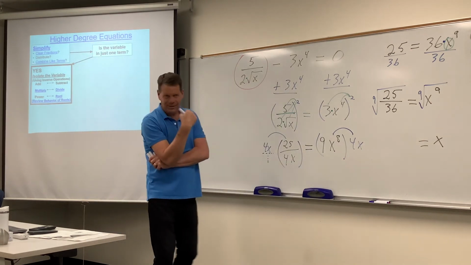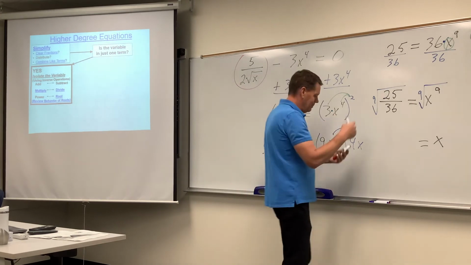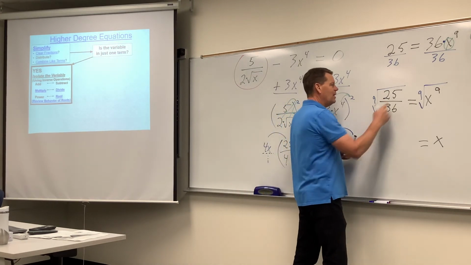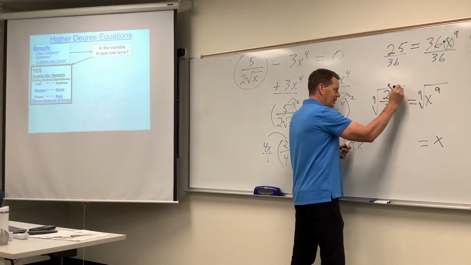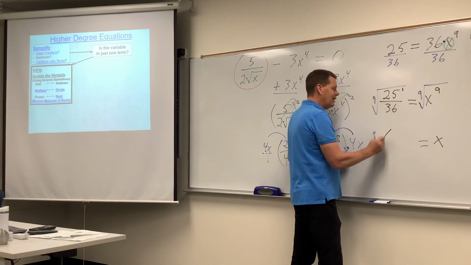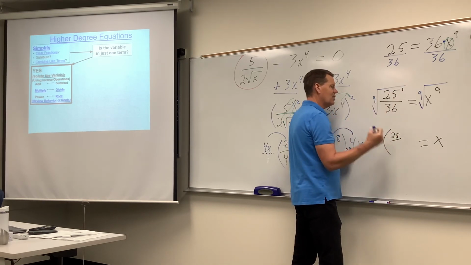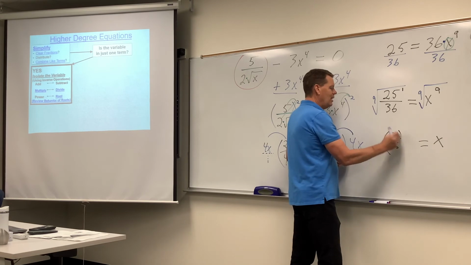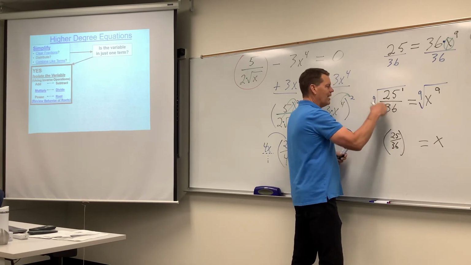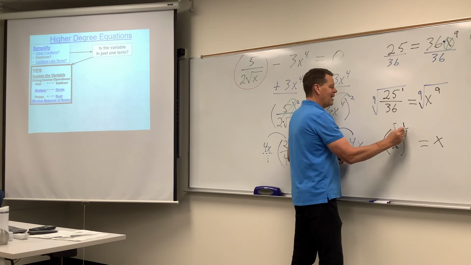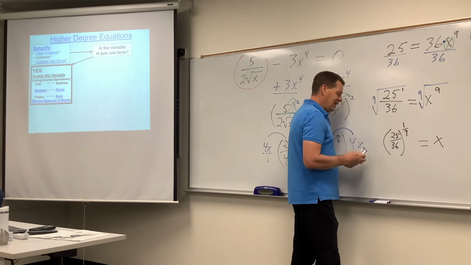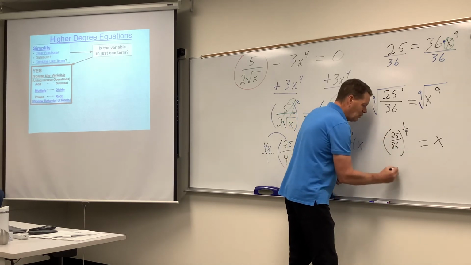Well, guess what? That expression underneath has a first power on it. So again, as we've been saying, and this goes back to the discussion of higher degree equations, that could be written as the fraction underneath here, raised to the 1/9 power. And then we're going to have to put that in the calculator and see what we get.